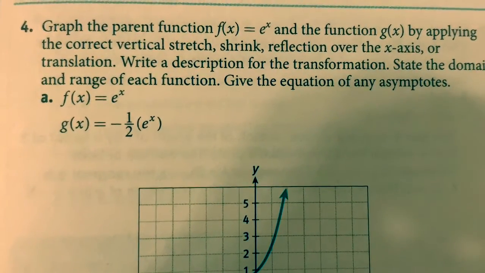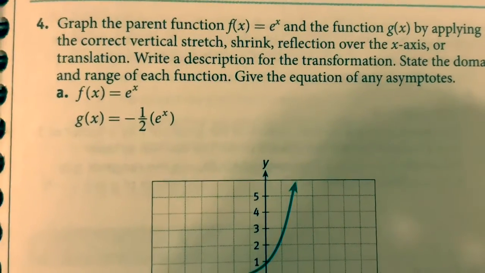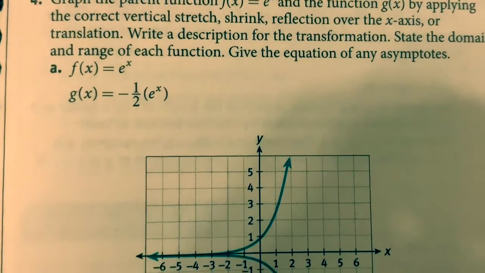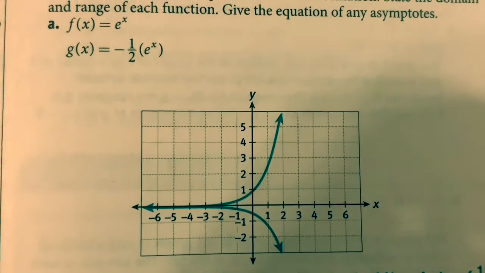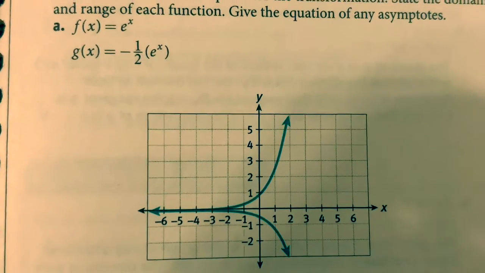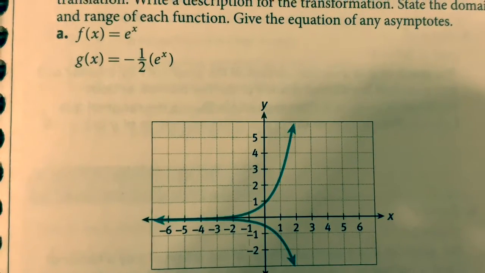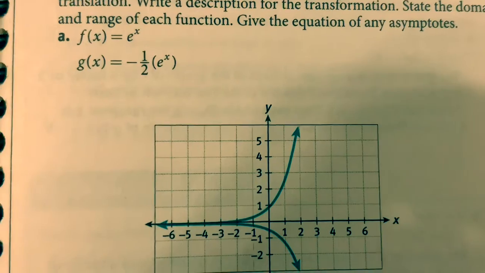Then I'm going to graph the function g of x by identifying the correct vertical stretch, shrink, reflection over the x-axis, or translation. Then we're going to write that description. So f of x is e to the x. I can see that graph going up to the right, that's the parent function. Just like all our exponential growth, it goes through the point (0, 1), because when x is 0, it gives me 1.